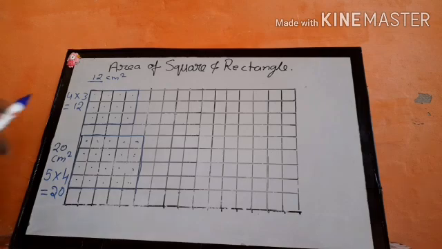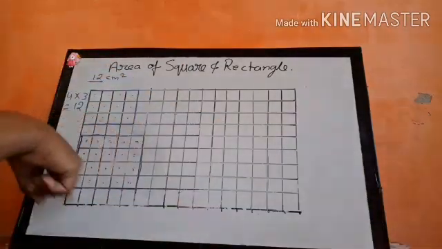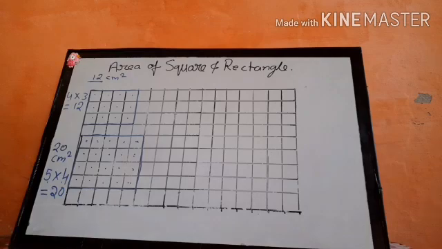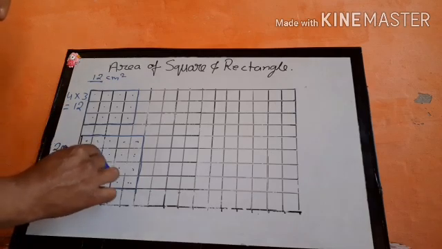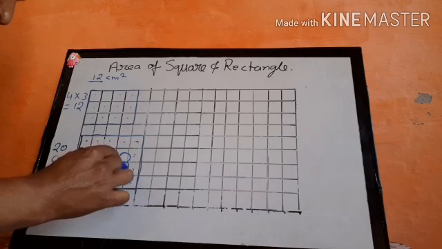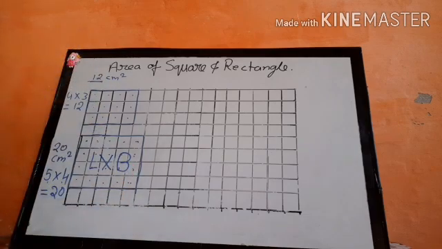So simply what we did here, we multiplied the length with the width, and here also the length with the width. The conclusion that comes to our mind is that the area of the rectangle you can calculate by counting or by using the simple method, that is length into breadth.